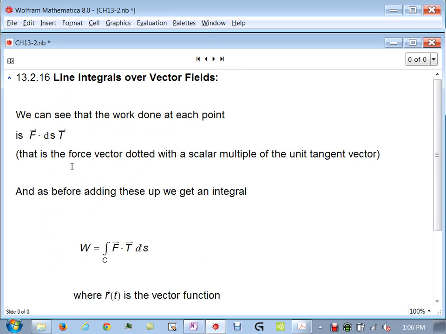ds. So I did edit the notes, the ones that you have in front of you. I went home and changed it to make sure that it really followed what I was trying to say. If you look at 13.2.16, I put in a different order of things.